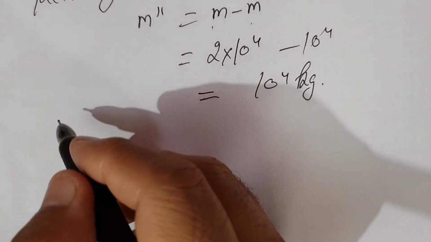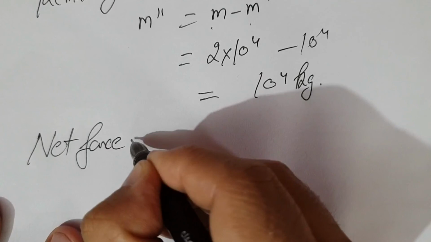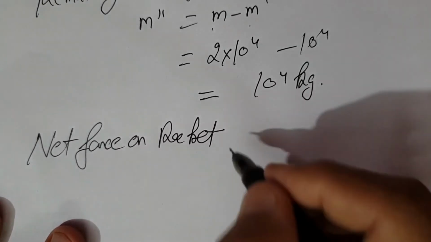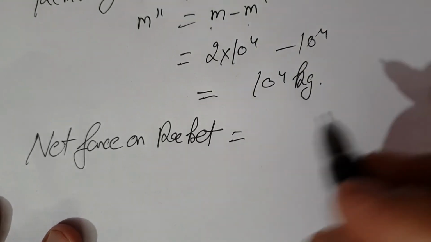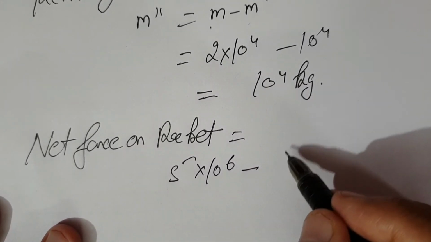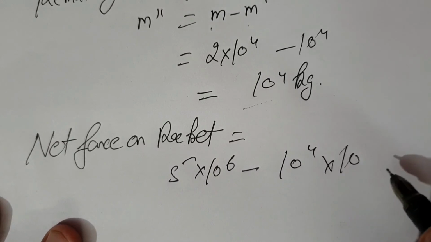So the net force on the rocket in the upward direction will be upthrust minus the weight. Again, the upthrust is 5 × 10⁶ minus weight, which is m × g. Now the new m is 10⁴ into 10, which is 10⁵.